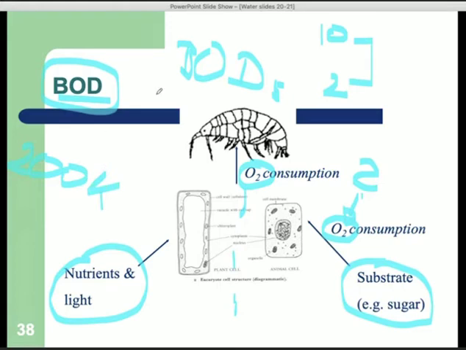So a liter of milk has 200,000 milligrams worth of oxygen potential. So a BOD of 200,000. That means a liter of milk is 200,000 demand of oxygen versus a liter of water that at best has 10 supply of oxygen.